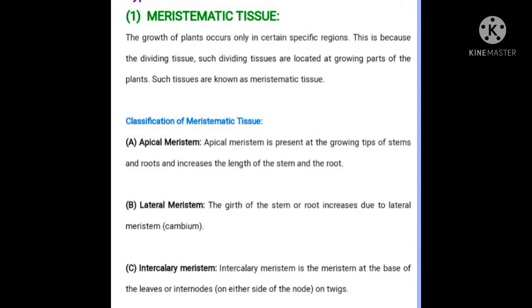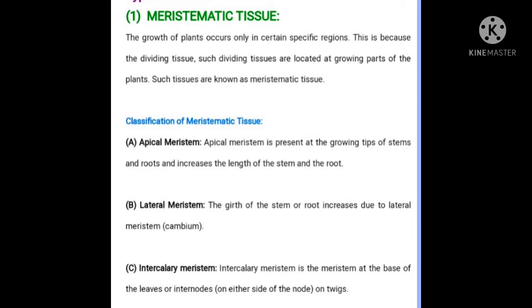The next one is the intercalary meristem. Intercalary meristem is the meristem at the base of the leaves or internodes on either side of the nodes or twigs. As you can see, it is present at the nodes, which are internodes or nodes, which I have shown you in the images.